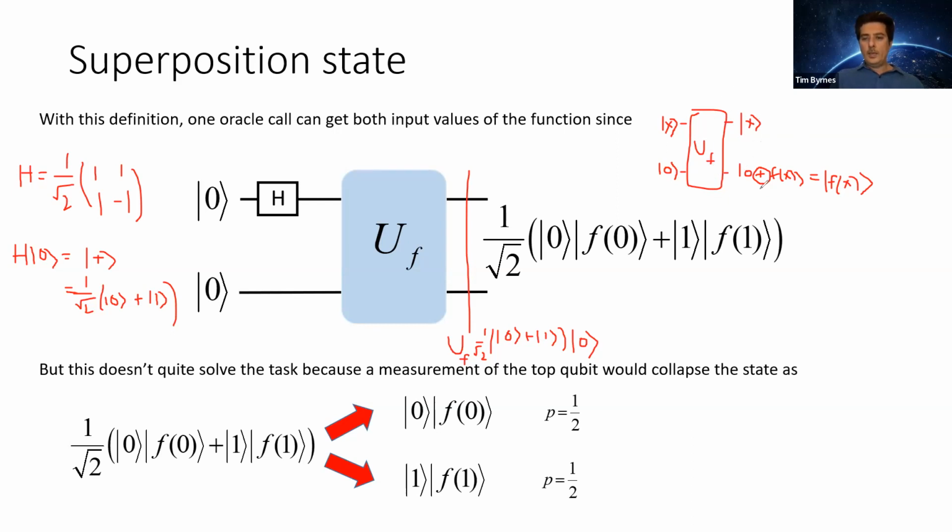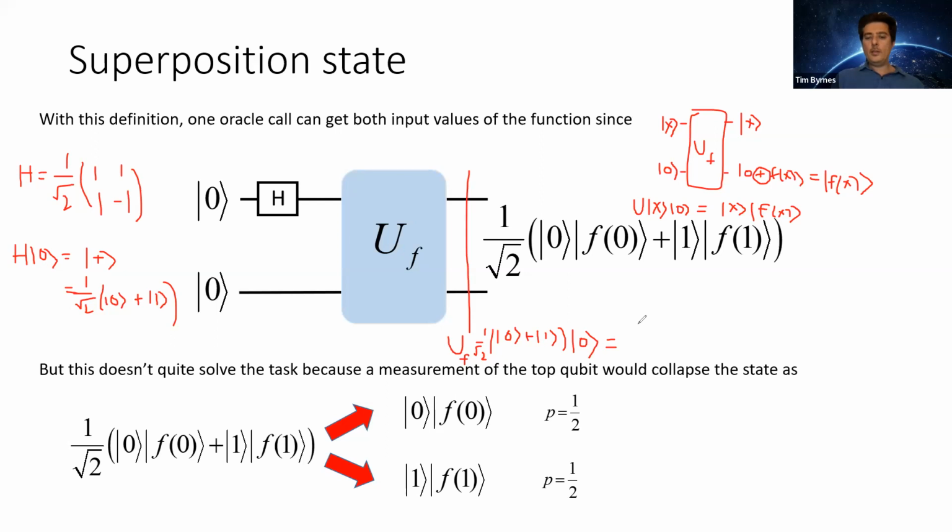So what we know here is that input |x⟩|0⟩ with U_f will become |x⟩|f(x)⟩. So this is basically the action of the circuit.